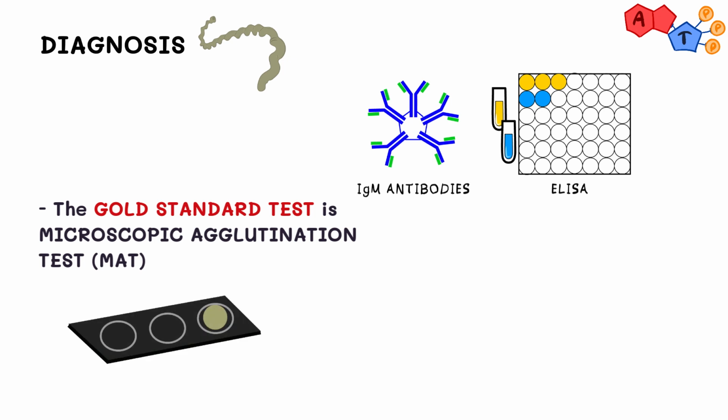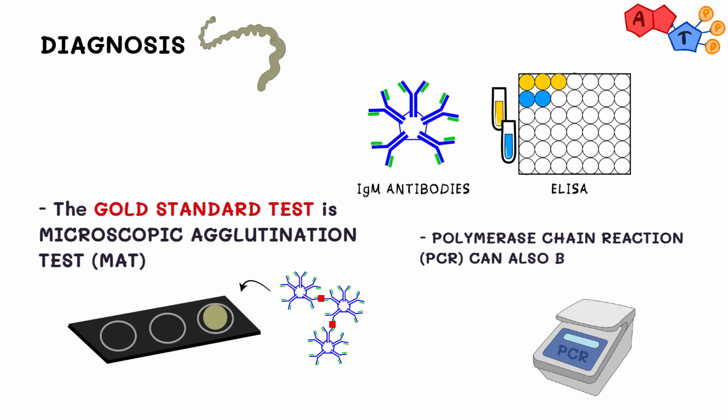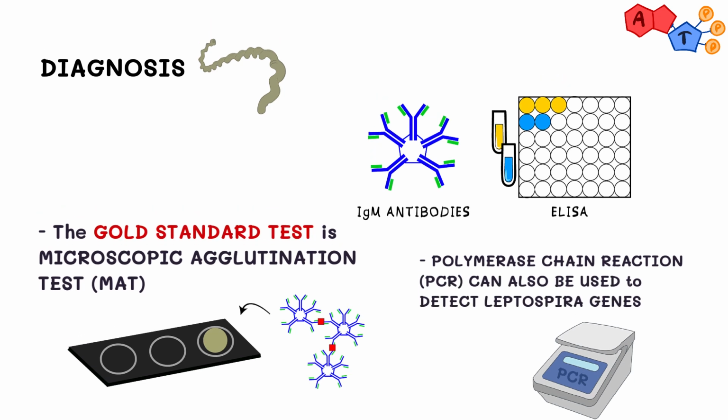Simply, it's done by mixing the patient's serum with various Leptospira serovars. If the patient is infected, the generated antibodies would react with Leptospira antigens, resulting in agglutination, which can then be detected under dark field microscopy. Polymerase chain reaction can also be employed to detect Leptospira genes, which will also aid in the diagnosis.